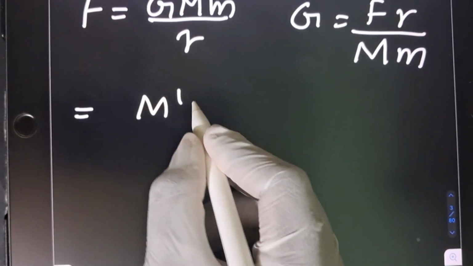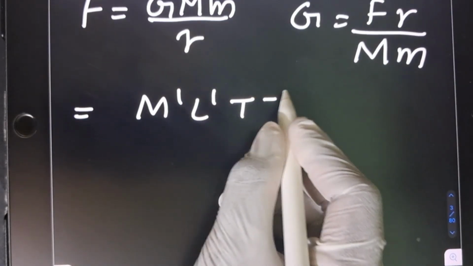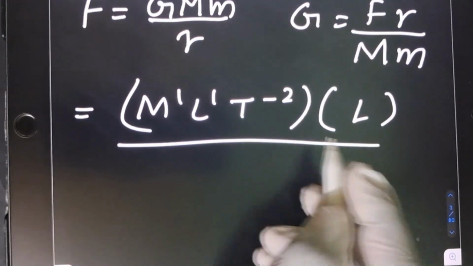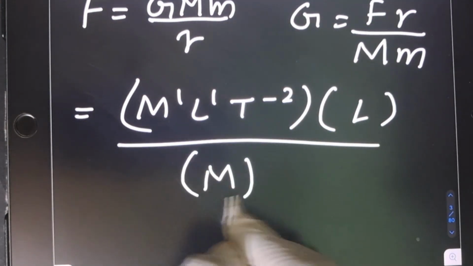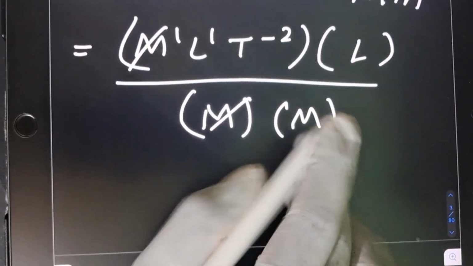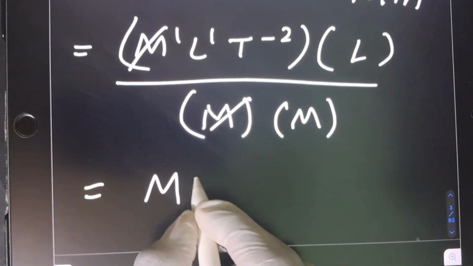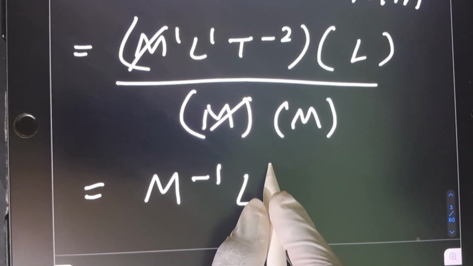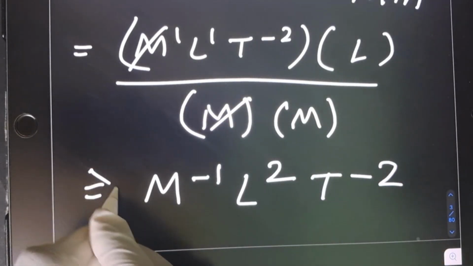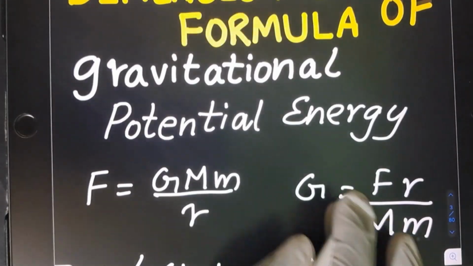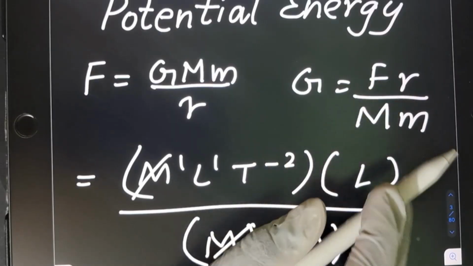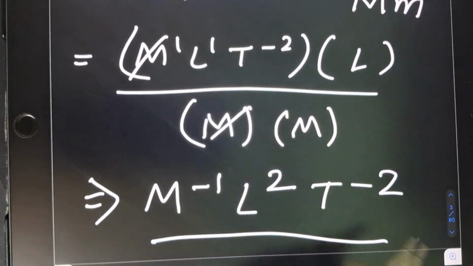The dimensional formula of force is M power 1 L power 1 T power minus 2, into radius L, and here both are masses of different bodies, so M into M, same dimensions. On cancellation of M we get M power minus 1 L power 3 T power minus 2. F is equal to G M M by R, G is equal to F R by M M.